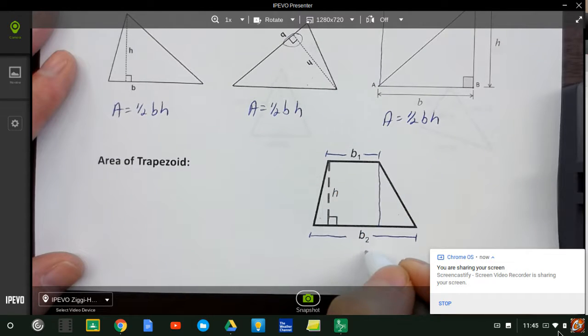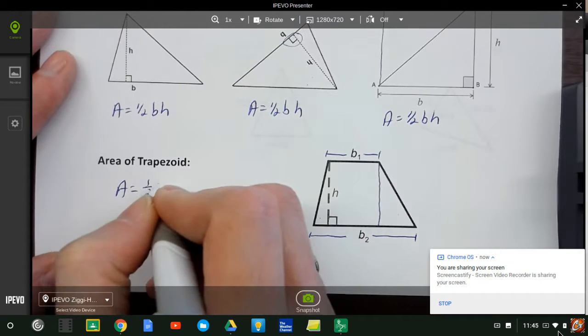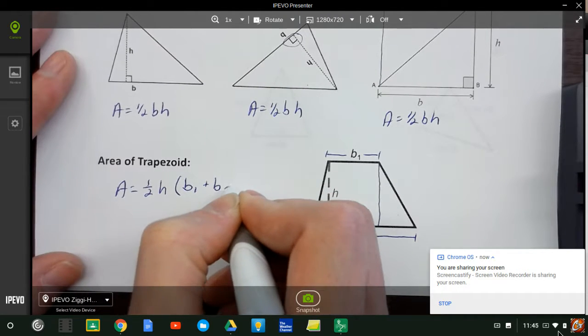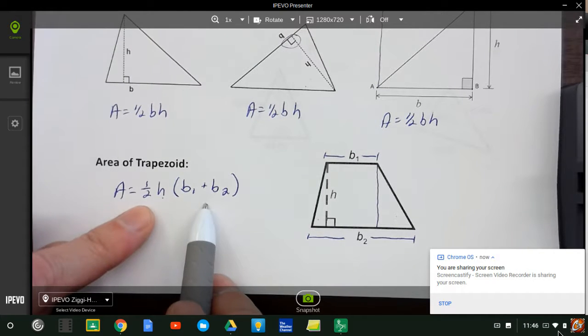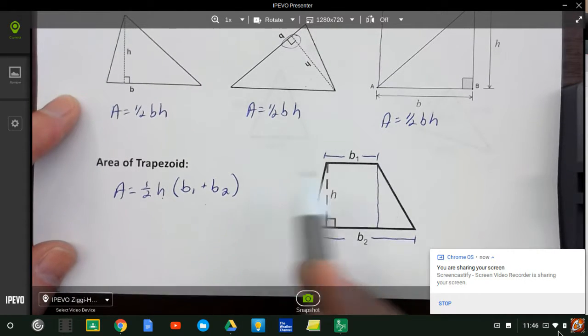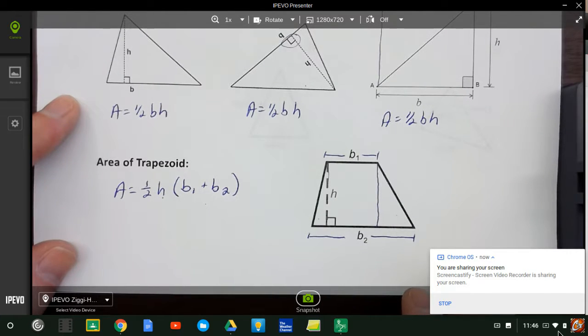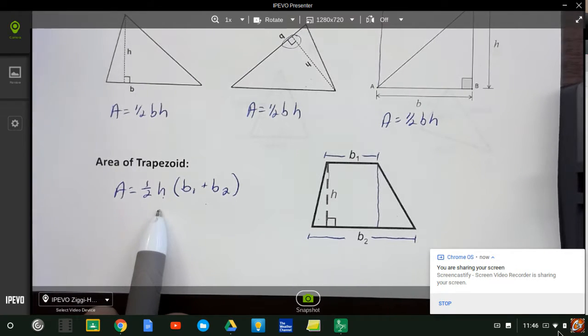Notice they're different. So the area of a trapezoid is actually half the height times the sum of the bases. So think of it as the height times the average base, if you want to think of it like that. So the height times some average base that's in here. So there's my area of a trapezoid. A lot of people forget this one, but if you remember it, it makes life really, really easy.